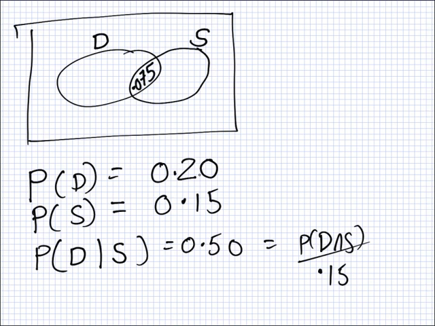Now, disease adds up to 20%, so this one here would be 0.125. And then symptoms have to add up to 15%, so that would be 0.075.